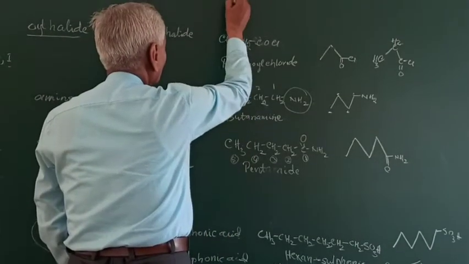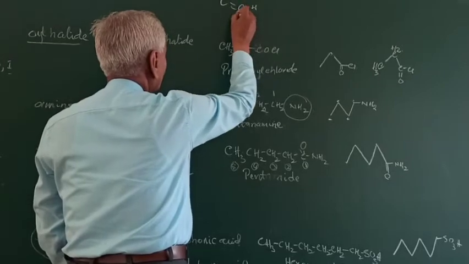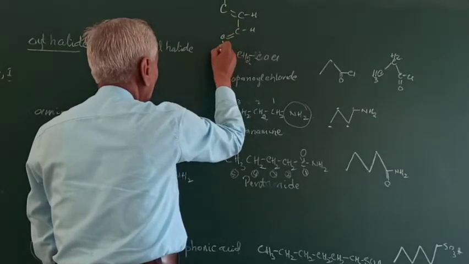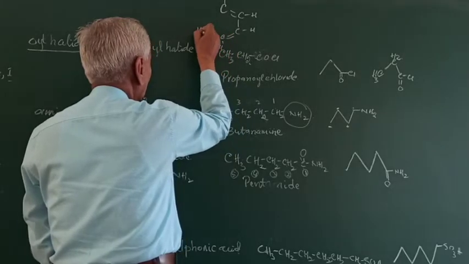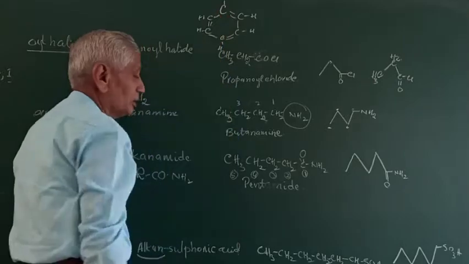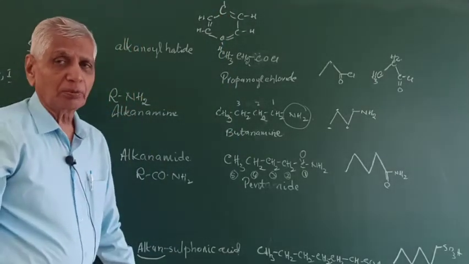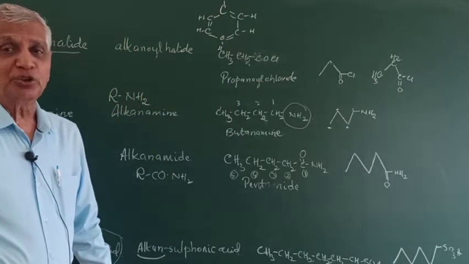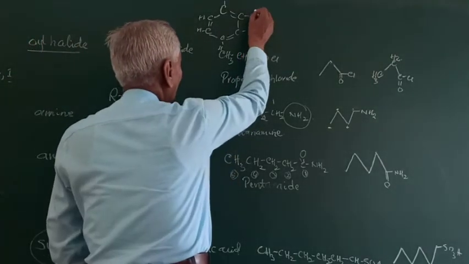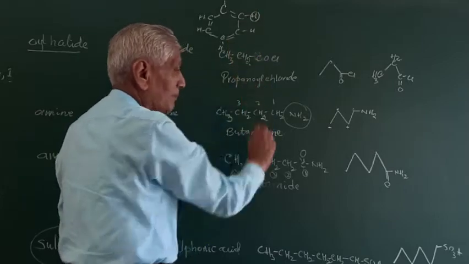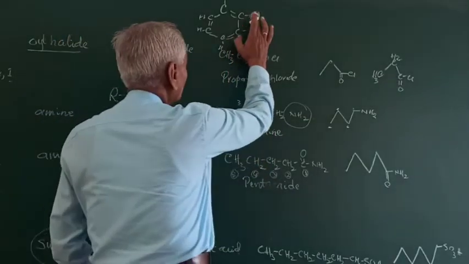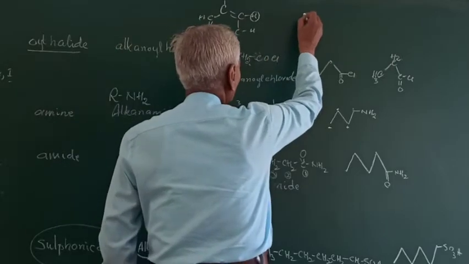CH, double bond CH, single bond CH, double bond CH, single bond CH, double bond CH, single. This you know, the aromatic hydrocarbon benzene. And from benzene you have replaced one hydrogen atom and put there the SO3H group. So this H is replaced by the sulfonic acid group.